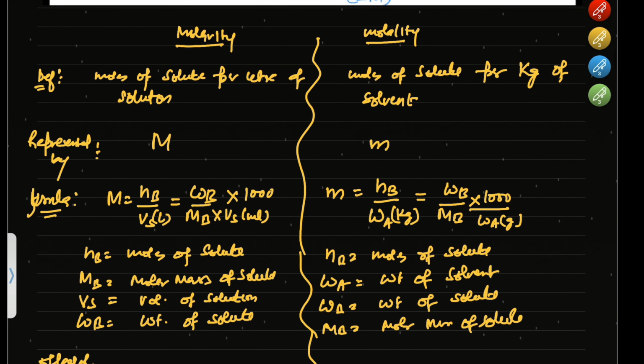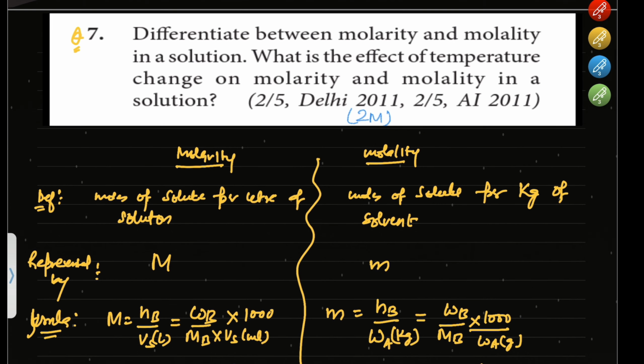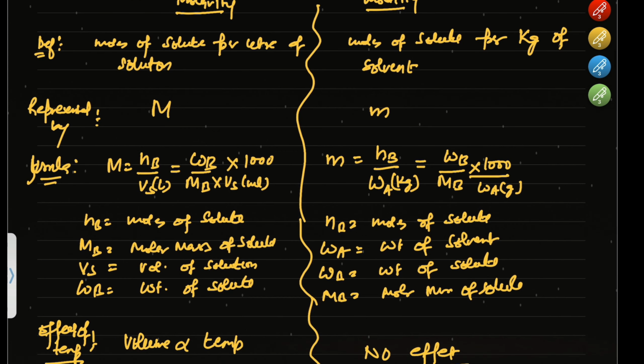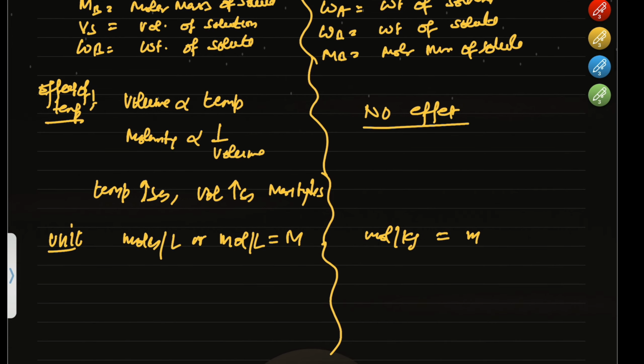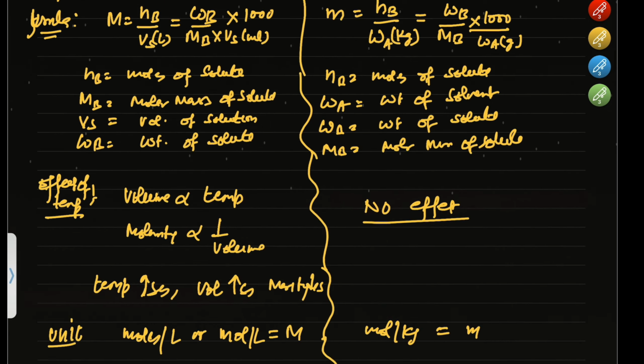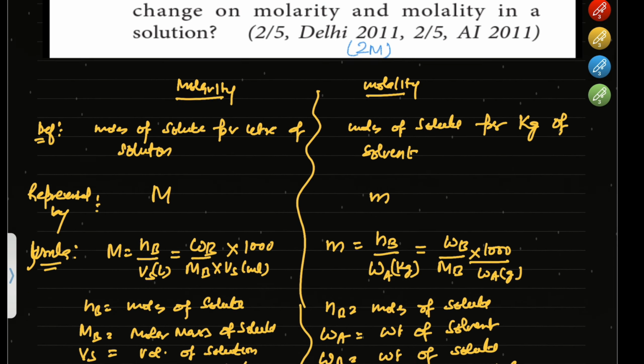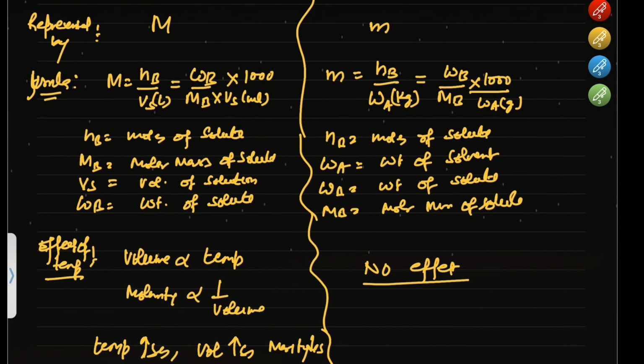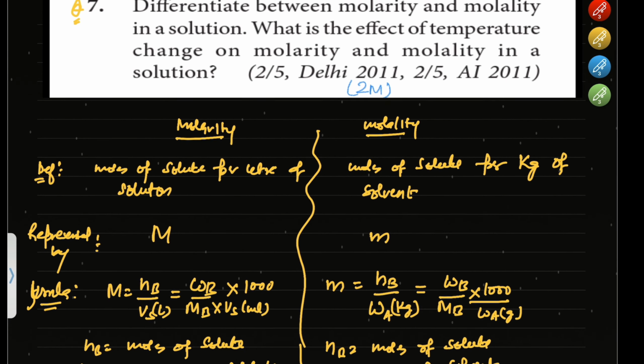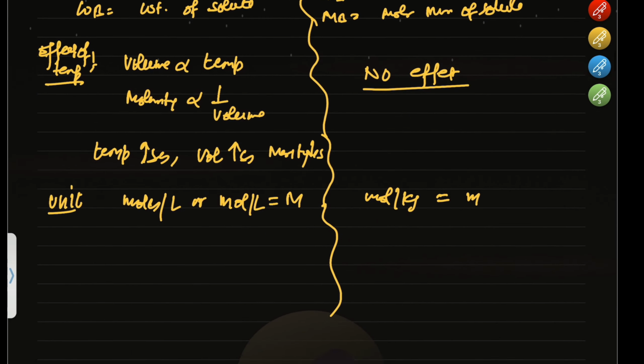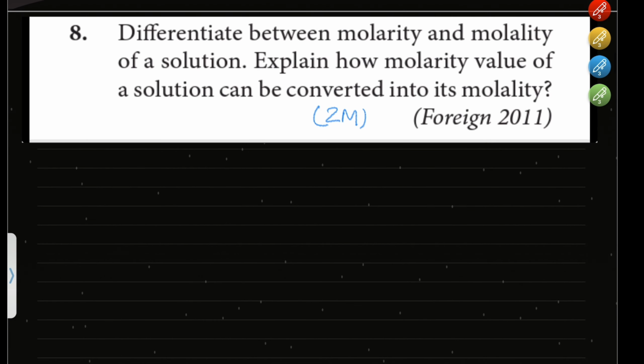If this question comes in 3 marks, you will be able to write all these points. What is the effect of temperature change on molarity and molality in the solution? This is also covered in this question. So I think this question's answer is complete. We can now move on to the next question.